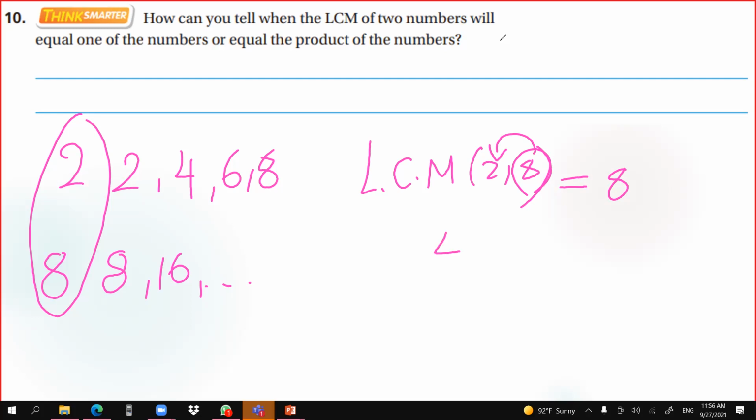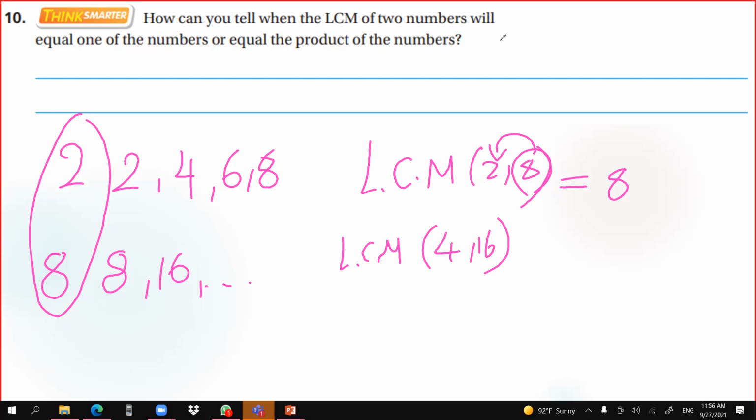As an example, 4 and 16. Now you have to ask yourself, is 16 a multiple of 4? Yes.